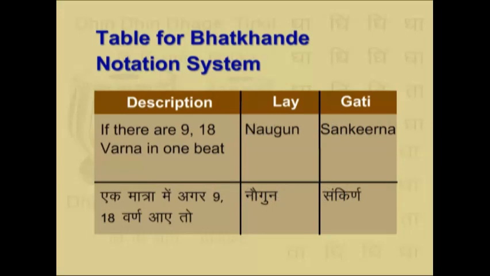And the fifth and last gati is sankirna gati. If you have 9 varnas or 18 varnas in one beat, the lay is called navam gun lay, and the jati is sankirna. These are 5 prominent jatis which you must know before writing any composition in Bhatkande system.